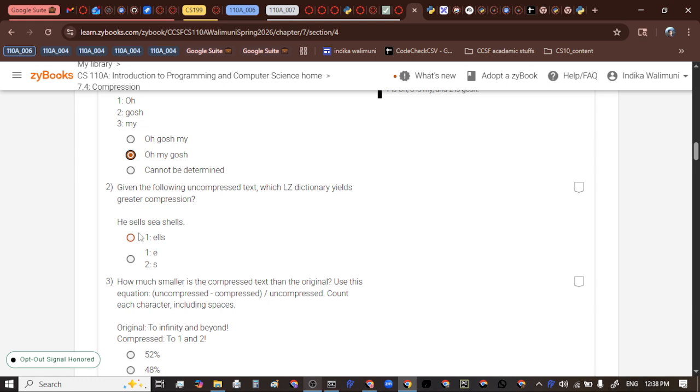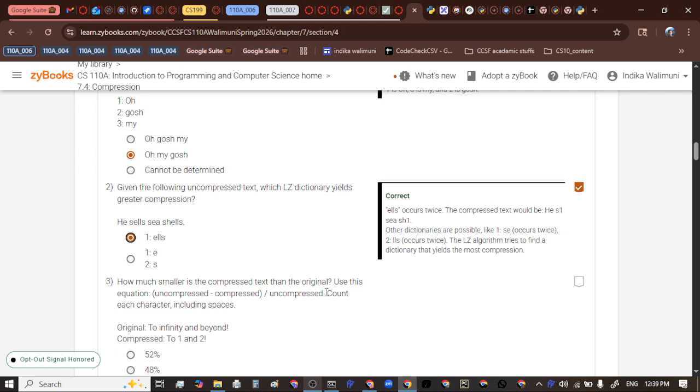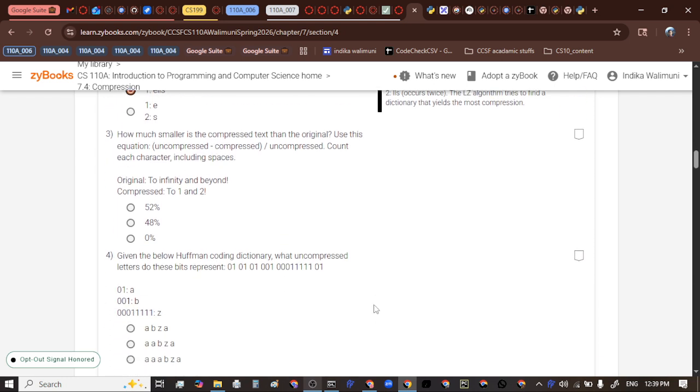So this one is "else", right? Then "he S1", right? And then C and 1 SH1, right? But if you use this one, let's see what happens. E and S. H1 and 2. A lot of characters, right? So it's the first one.